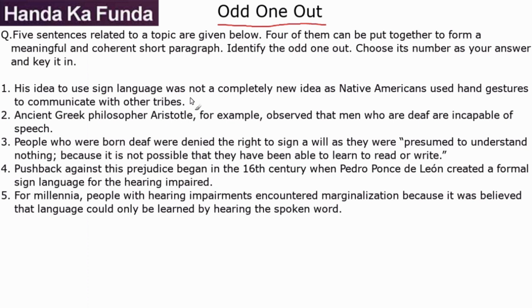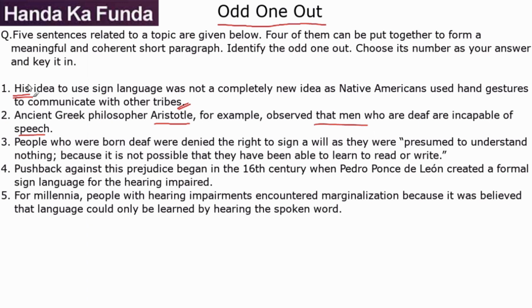His idea to use sign language. Now, it is his idea, so this particular person, whoever it is, should have been introduced in the paragraph before. Was not a completely new idea, as Native Americans used hand gestures to communicate with other tribes. Ancient Greek philosopher Aristotle, for example, observed that men who are deaf are incapable of speech.